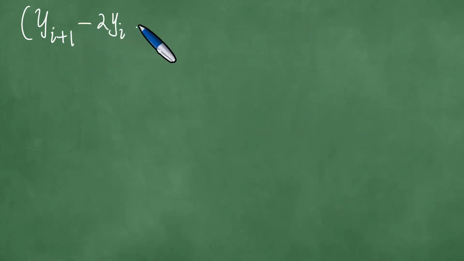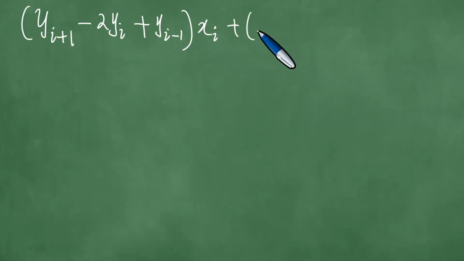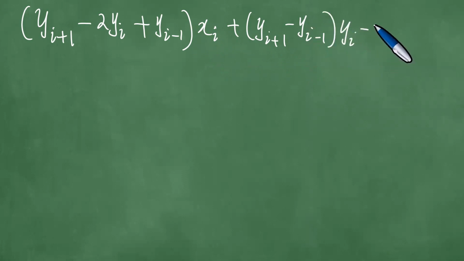So we note, therefore, that we have y sub i plus 1 minus 2yi plus yi minus 1, into x sub i, plus yi plus 1 minus yi minus 1, y sub i, minus y sub i squared, which equals 2xi, like this.